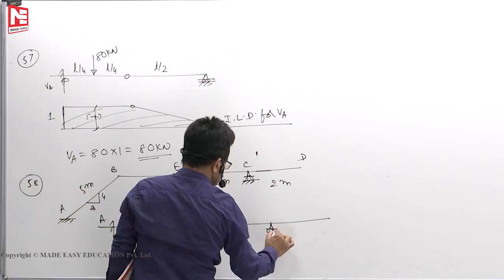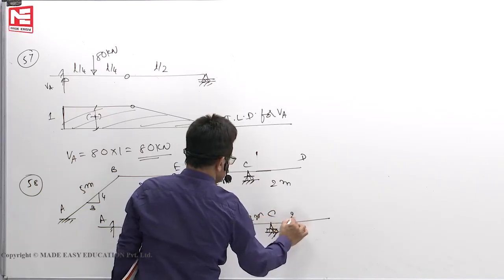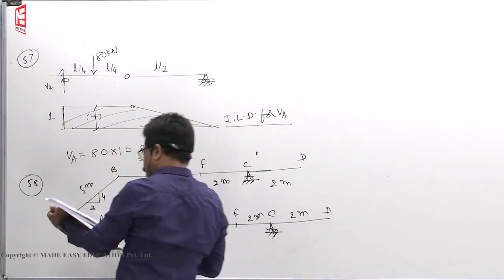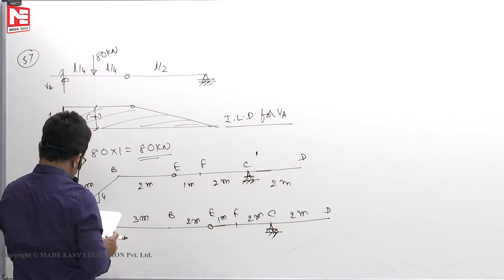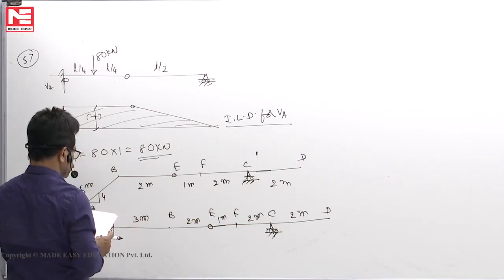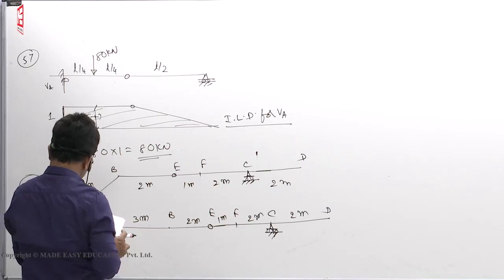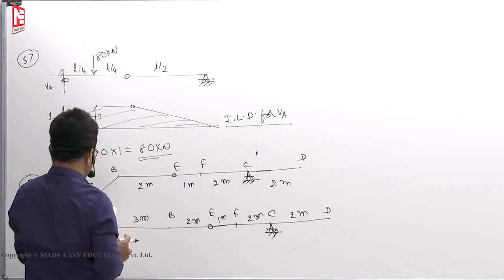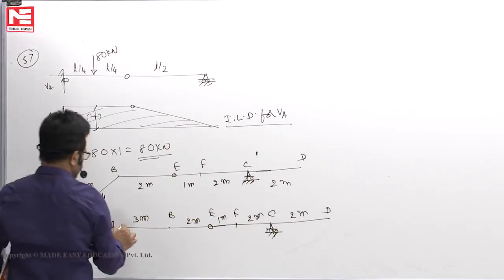C here, FC is 2 meters, 2 meters. Then the question is the value of the ordinate at point E in the influence line diagram for MA when the unit load moves over the portion BD. The unit load is moving here, BD, for the ILD for MA.